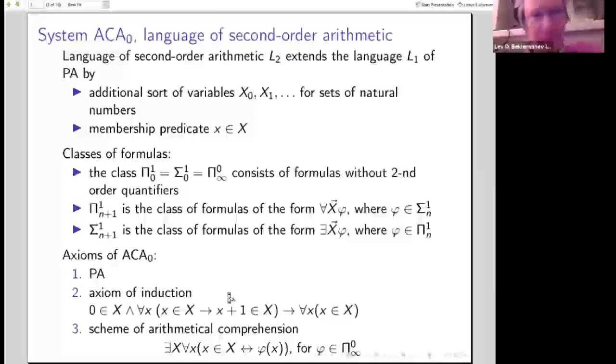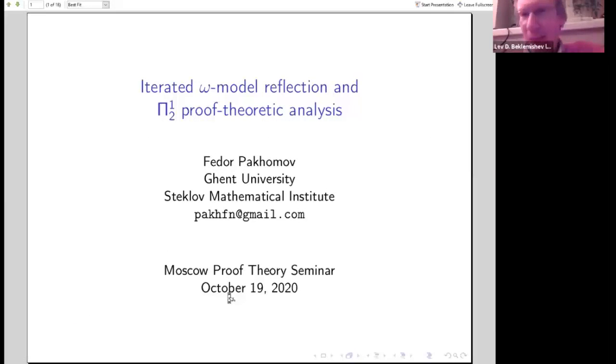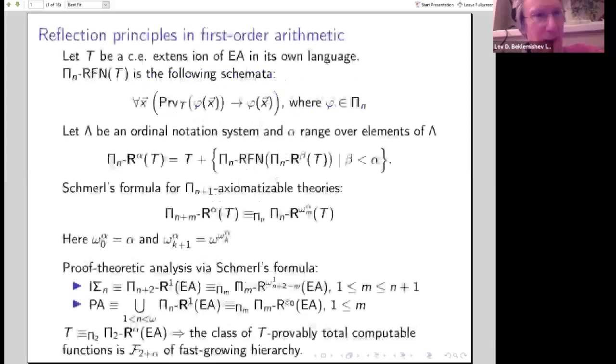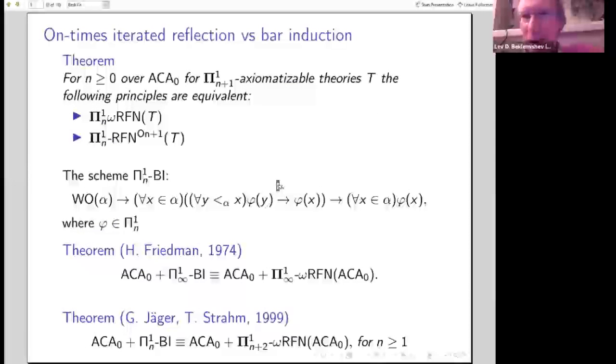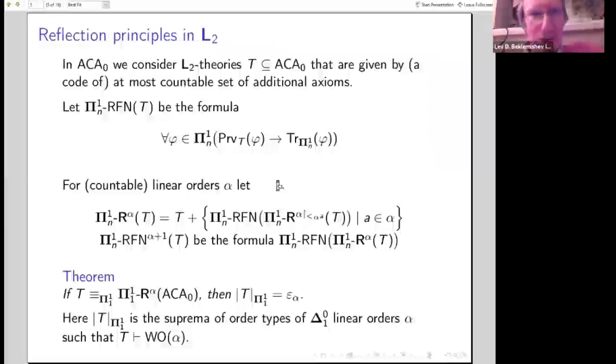Okay, so there were plenty of new results, and I think the most interesting here was that somehow Schmerl's idea in this second order setting has a great clarifying effect on the relationships between various systems. Right? Yes.